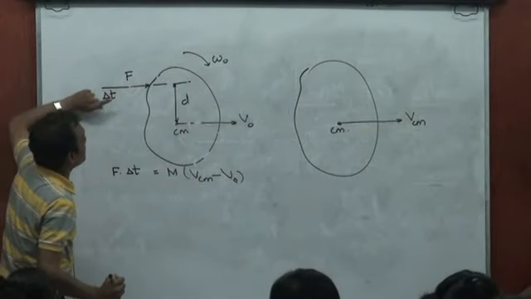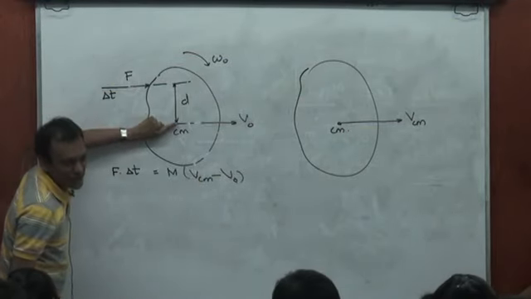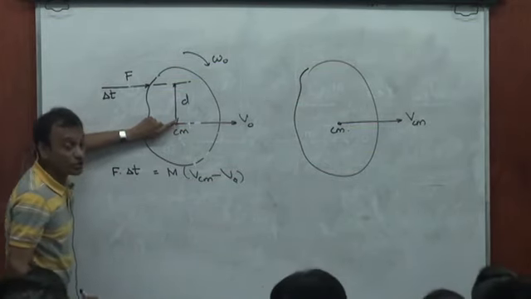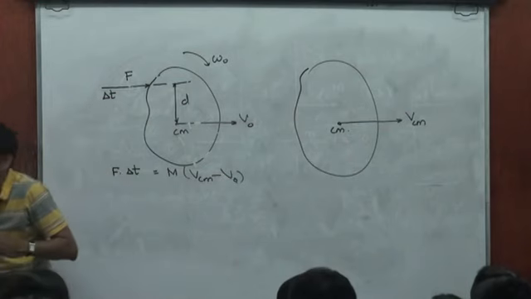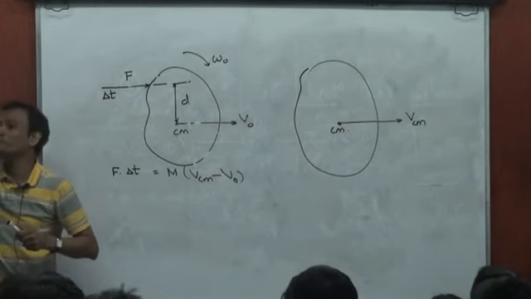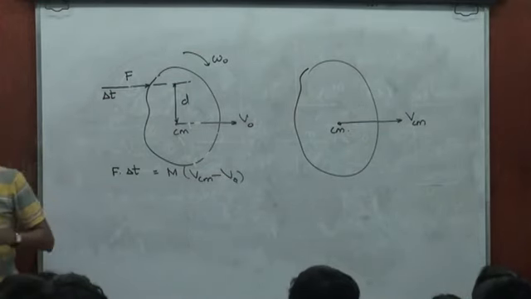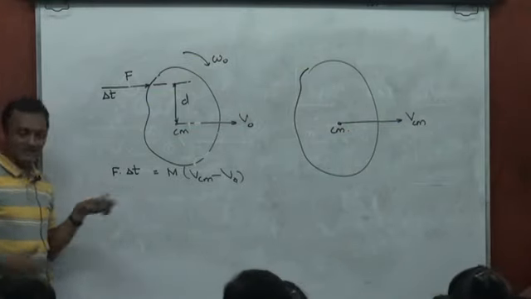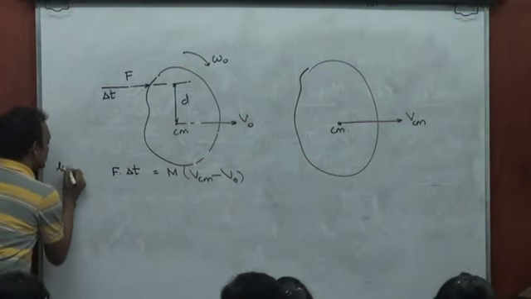Yes or no? There is a torque acting about the center of mass, but for a short time. So there is an impulse of a torque. It's called angular impulse. This is called linear impulse.